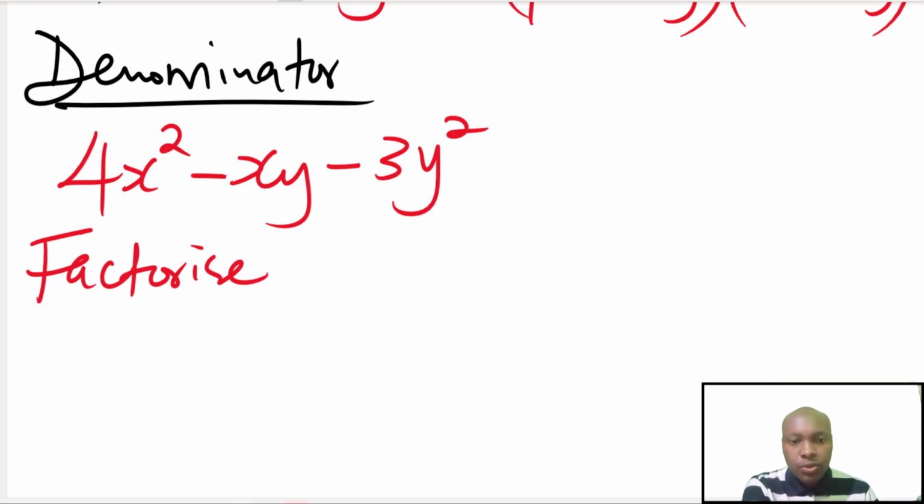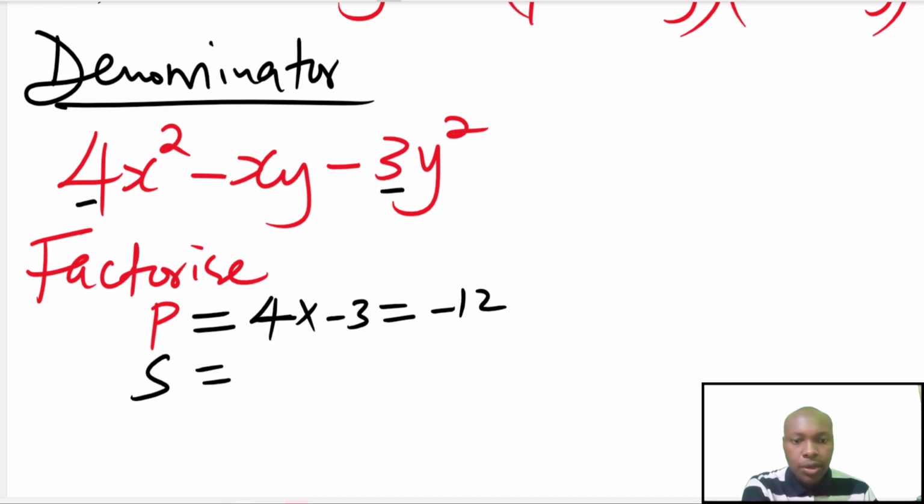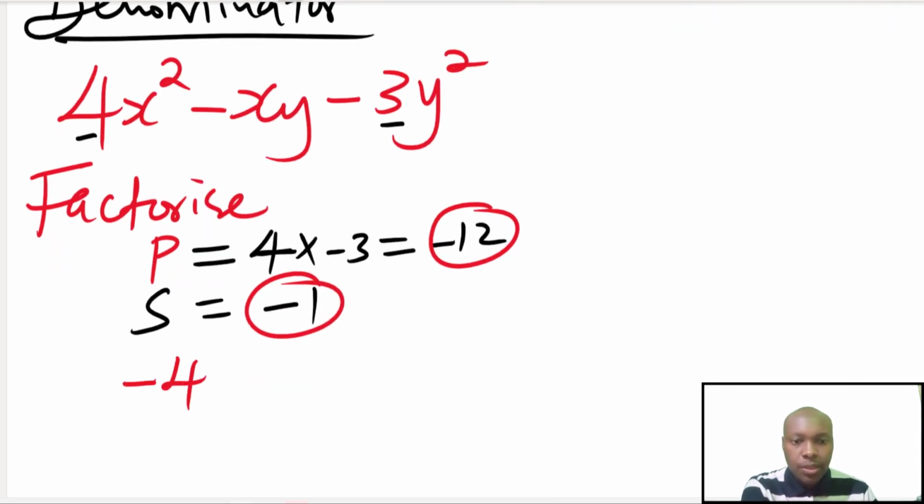Now this is not a difference of two squares, so we need to look for two numbers whose product is 4 multiplied by negative 3, that is negative 12, and whose sum should be negative 1.